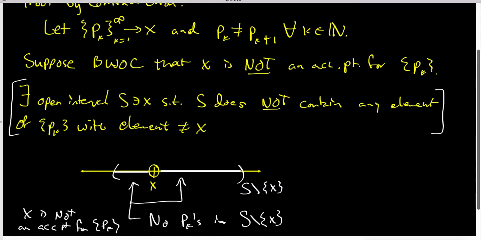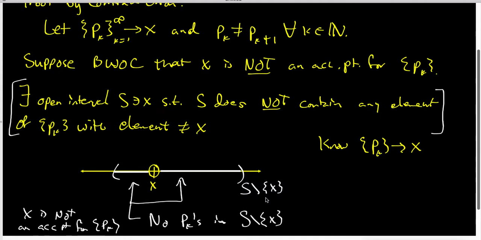But now I do want to remind you that we also know, as one of our main hypotheses, that the sequence itself does go to X. It converges to X. And this has some important implications on its own.